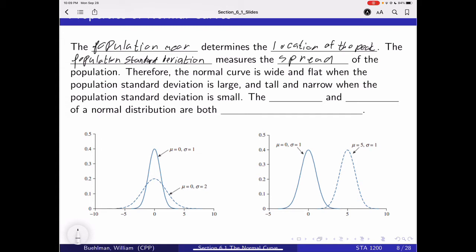Therefore, the normal curve is wide and flat when the population standard deviation is large, and tall and narrow when the population standard deviation is small. The mean and median of the normal distribution are both equal to the mode.